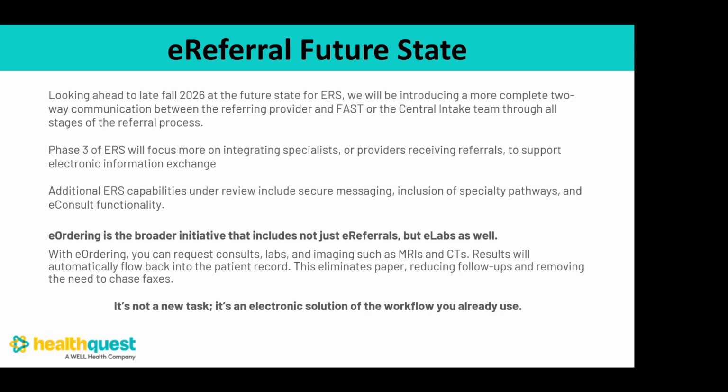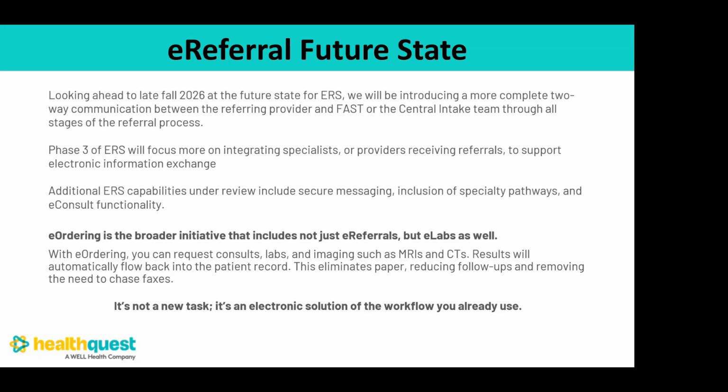Phase 3 of the ERS will focus more on integrating specialists or providers receiving those referrals to support electronic information exchange. Additional ERS capabilities that are also under review include secure messaging, inclusion of specialty pathways, and e-consult functionality.